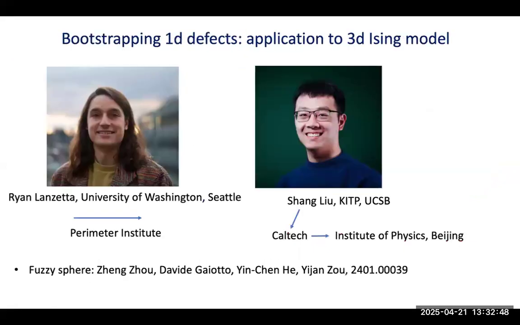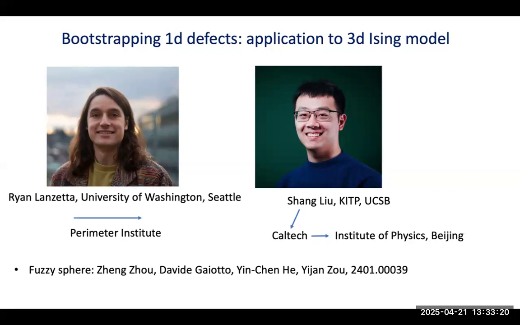Yeah, so this is work done together with Ryan Lanzetta, who has recently moved to Perimeter Institute as a postdoc, and with Sheng Liu, who has recently moved to the Institute of Physics, Chinese Academy of Sciences in Beijing. Really all the credit should go to Ryan and Sheng. In particular, the main idea is Ryan's, the implementation is also Ryan's.